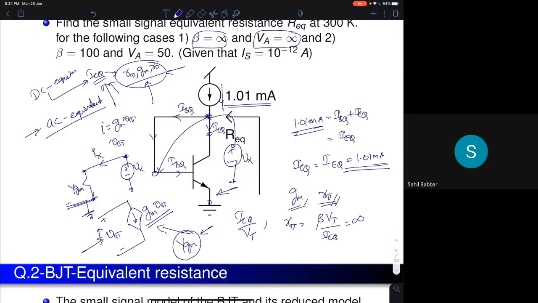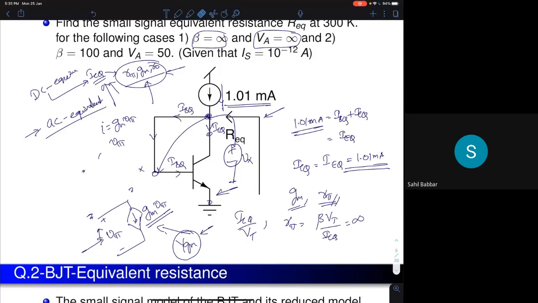But I have only one resistor there, so I don't need to do analysis. I can directly say it is 1 by Gm. The equivalent resistance seen at this node is 1 by Gm. Is that okay, guys? If you have any doubts, you can ask me.